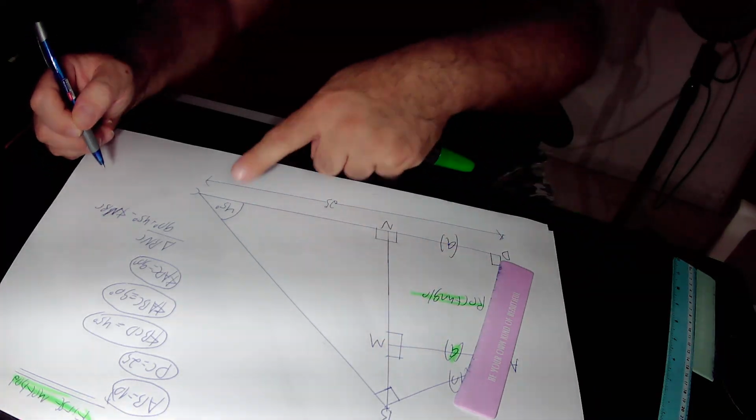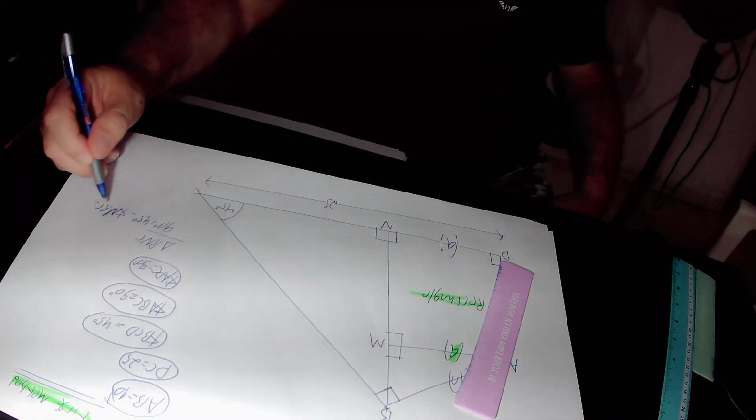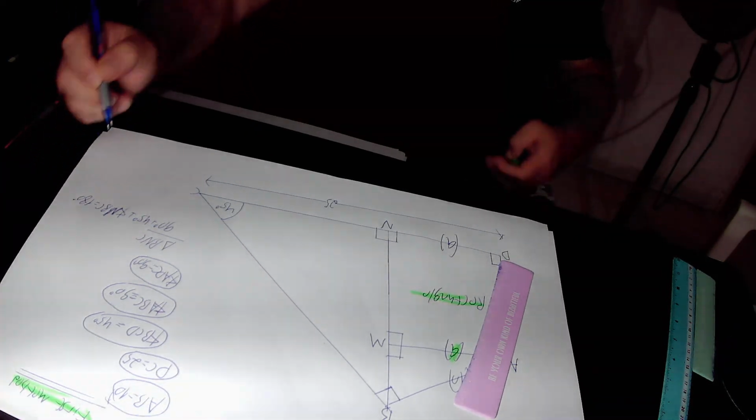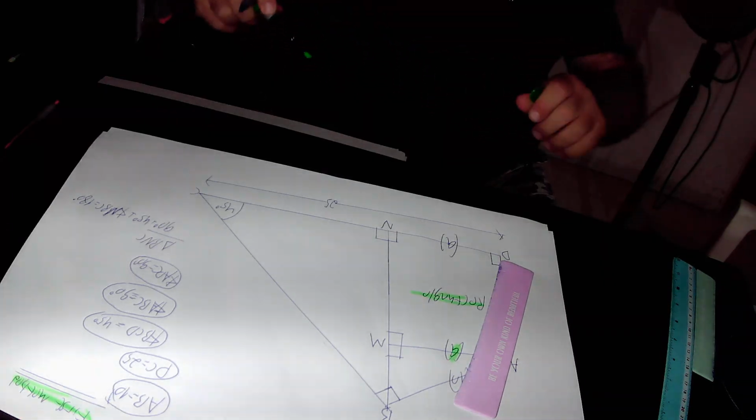In total, the sum of those 3 angles must be equal to 180 degrees according to the rule that the sum of the angles in any triangle is equal to 180 degrees.